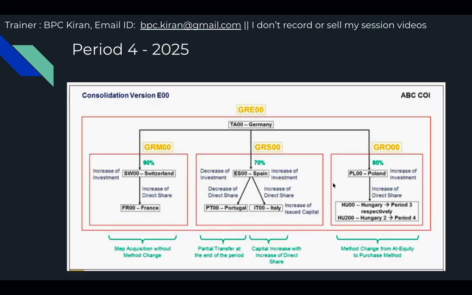Correct. In this scenario, Poland's investment in Hungary is changed, so it is zero now. We are going to use total divestitures. In one place you use total divestiture, and in the other place you make it a new entity acquisition.